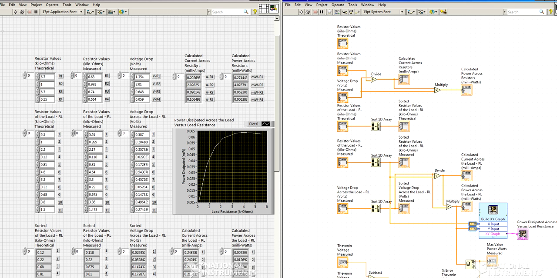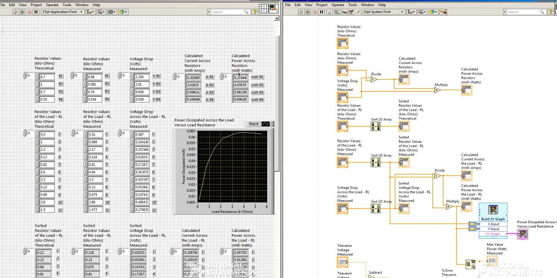from which I've constructed with arrays load indicators which calculate the current, a simple Ohm's law, dividing the voltage drop measured by the resistance values to determine the current across each resistor, and then multiplying this current times the voltage drop to determine the power.